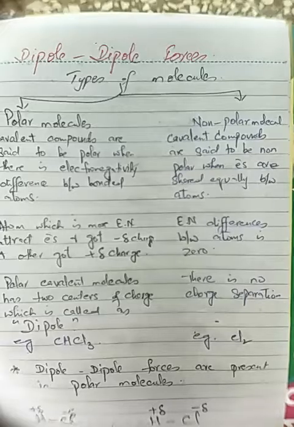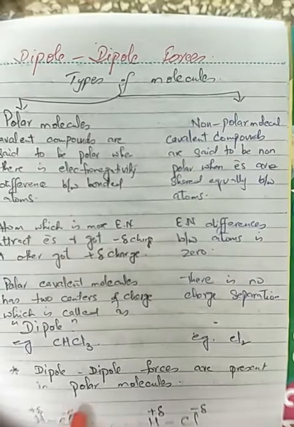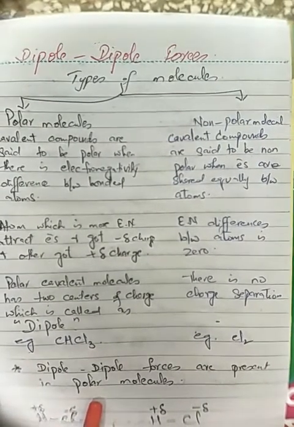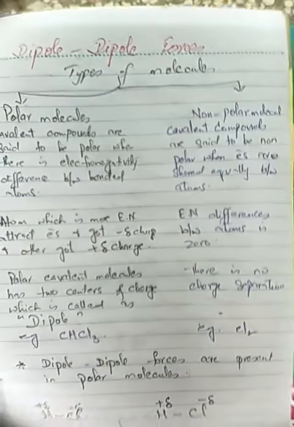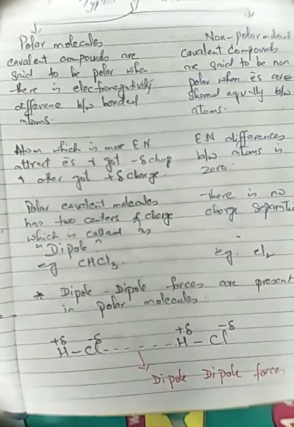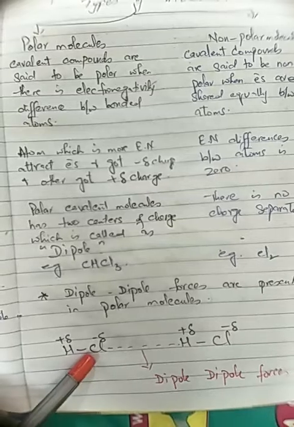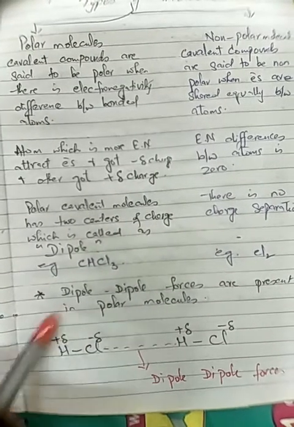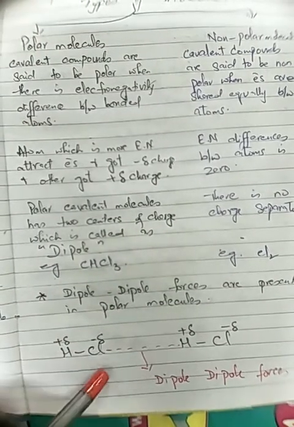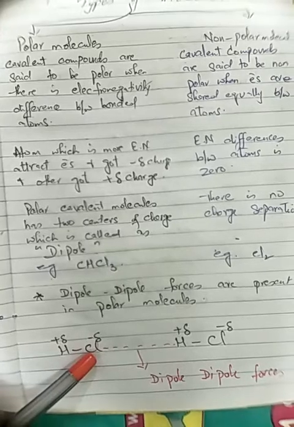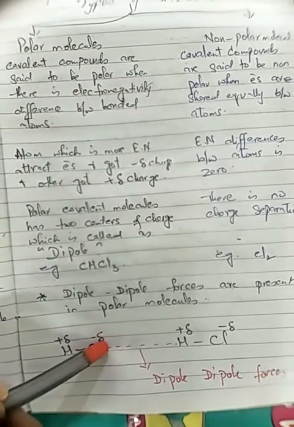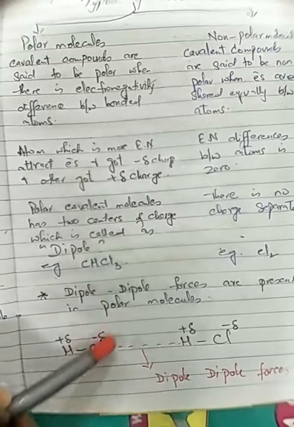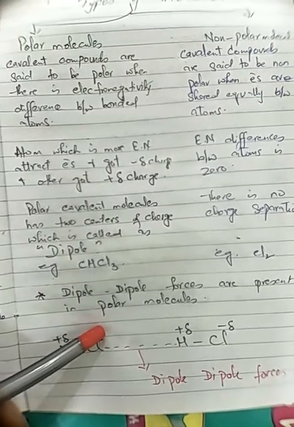Now, dipole-dipole forces are present in polar molecules. How are they present? You have studied the HCl molecule. In the HCl molecule, chlorine is highly electronegative, so it attracts the shared pair of electrons more towards itself and gets a slightly negative charge.